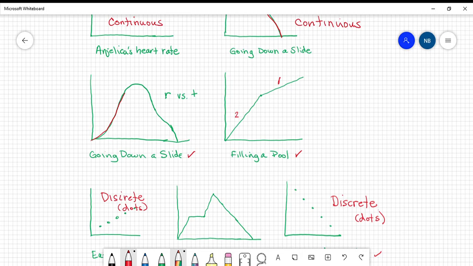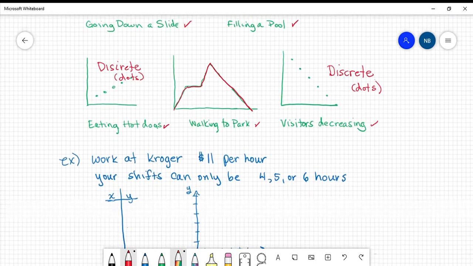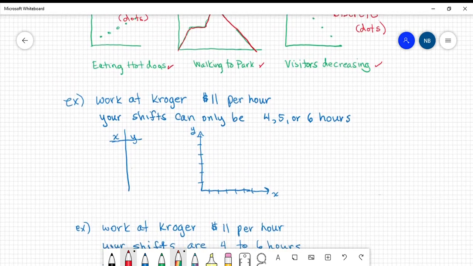So this is also continuous. So a continuous graph is a line or a curve. So the points on the graph are so close together that they cannot be distinguished from one another. It's just a smear of points.